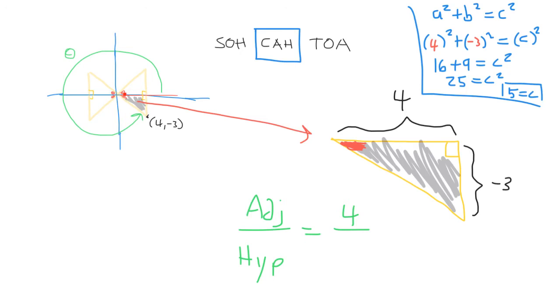The so-called opposite side of this red angle might be positive, the opposite side might be negative, but the hypotenuse is always positive. Remembering that the hypotenuse will always be positive could really save you a lot of confusion. So it's not plus minus 5, it's just the positive 5. C equals positive 5 here, okay? So this is 5.